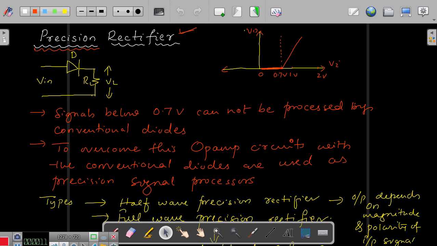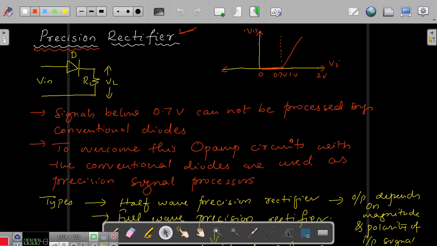In our previous class, we discussed the precision rectifier. We started our discussion on precision rectifiers, and I gave you a brief introduction to what a precision device is: a device capable of processing signals that are very low in magnitude.